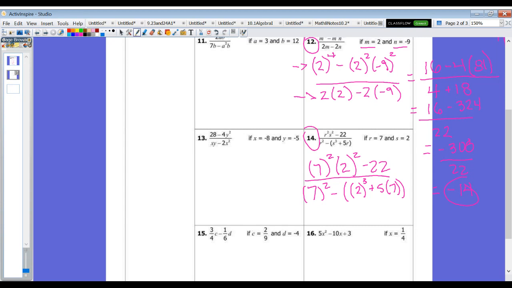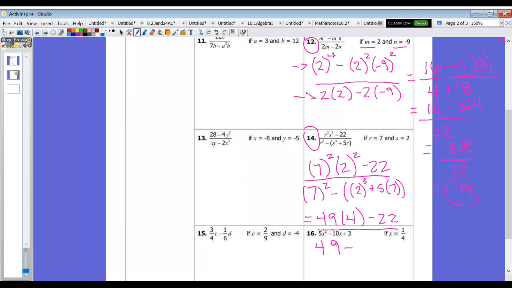We got a bunch of stuff going on. Let's start with doing the numerator. I'm going to get rid of those exponents. So 7 squared is 49 times 2 squared is 4. Let me get rid of some exponents in the bottom as well. So that's also going to give me 49 there.